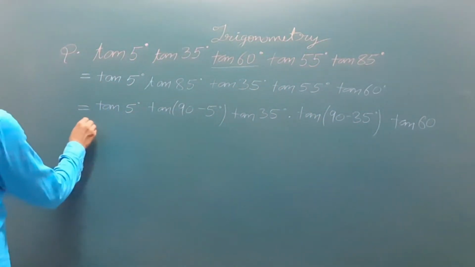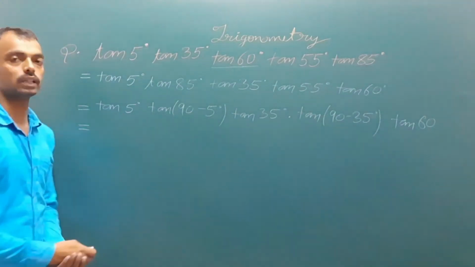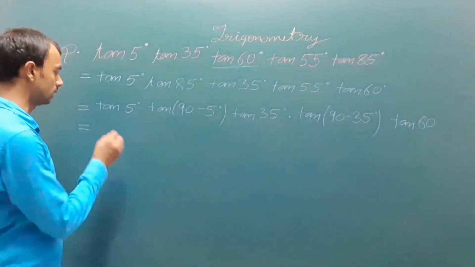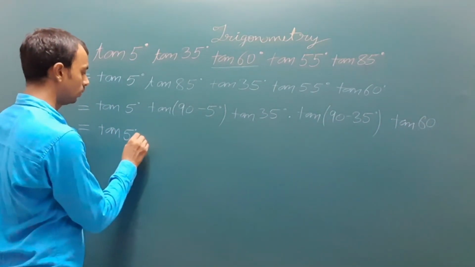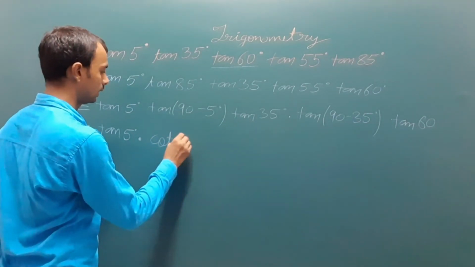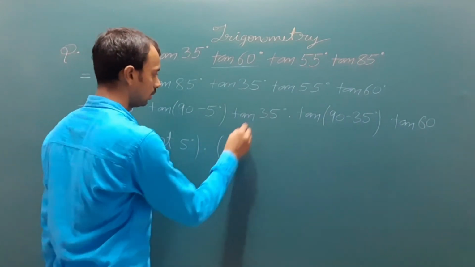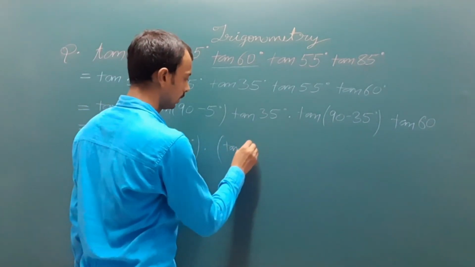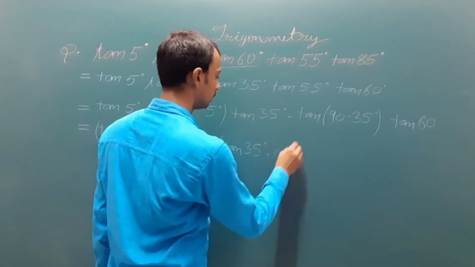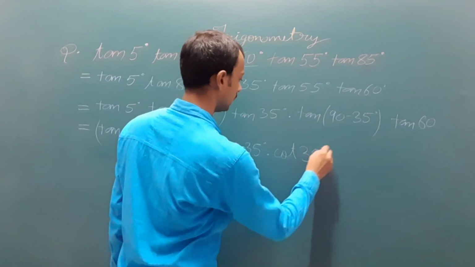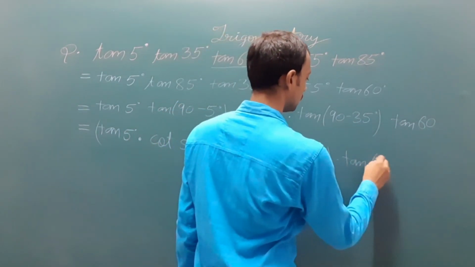Now tan 90 minus theta is what? Cot of theta, isn't it? So it will be tan of 5 degree into cot of 5 degree, kept in a bracket. Here it will be tan of 35 degree into cot of 35 degree, and the next one is tan of 60 degree.